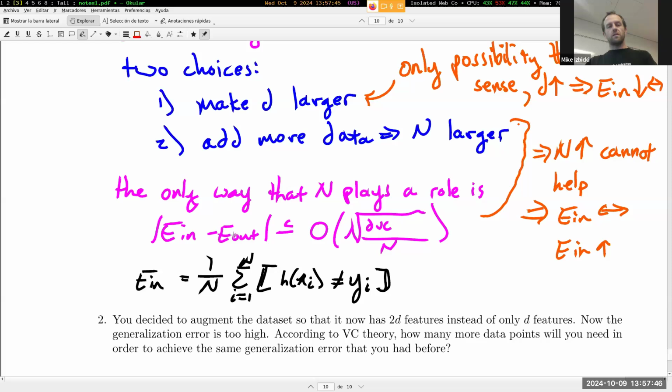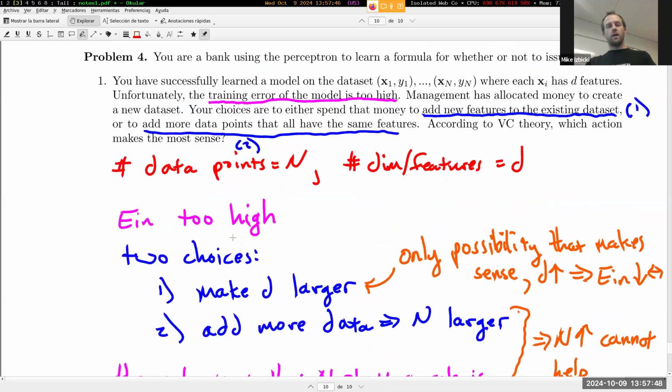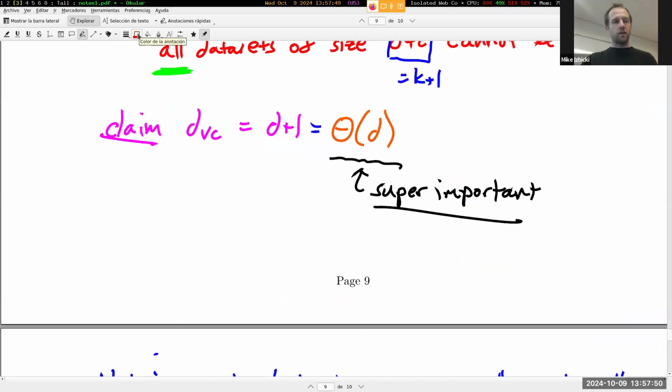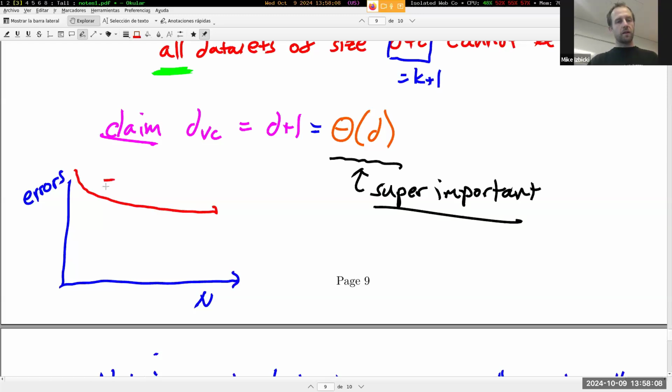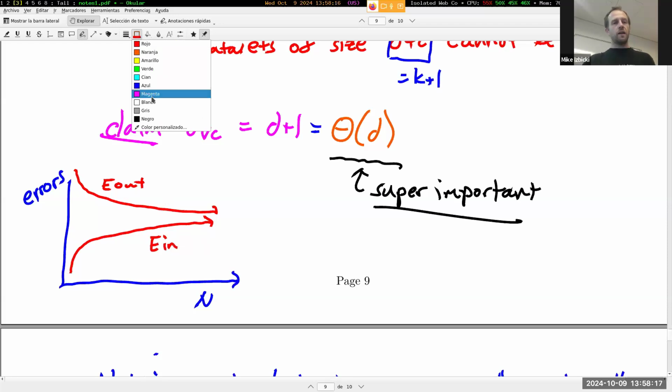Let's see. One graph that we haven't talked about yet, probably the next set of notes will graph something like this, but we can go ahead and graph it now. If we have N on the x-axis down here and different error measures on the y-axis, the E_out looks something like this, and the E_in looks something like this.